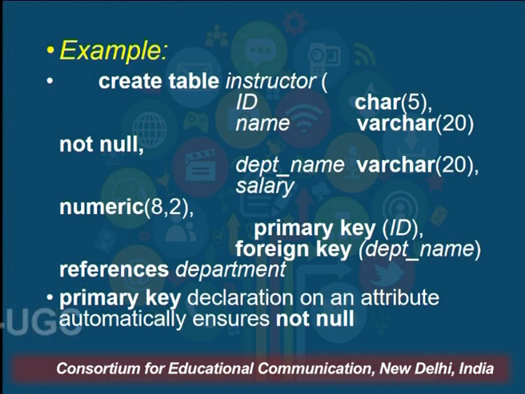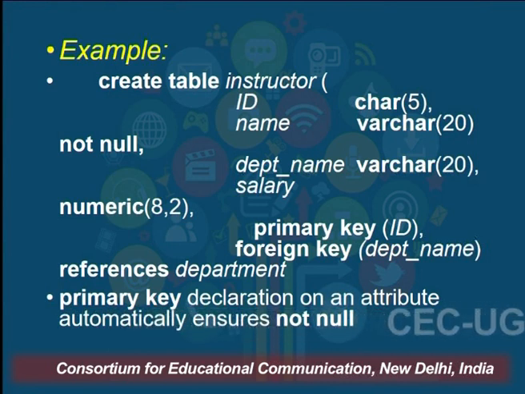After department name there is nothing, then we have salary, and before closing the bracket of the command, or before terminating the command, we will say primary key within the bracket ID, that instructs the system to make ID the primary key, and the foreign key is the department name which is being referenced from the relation department.